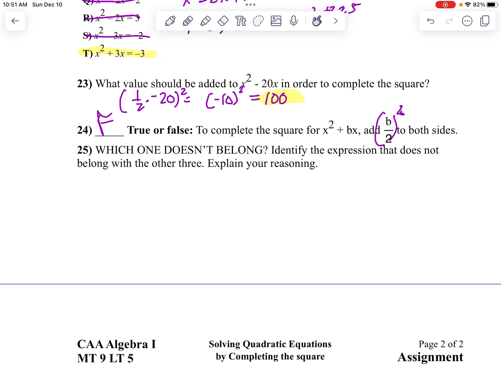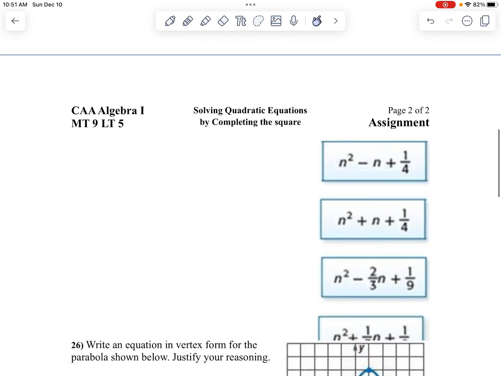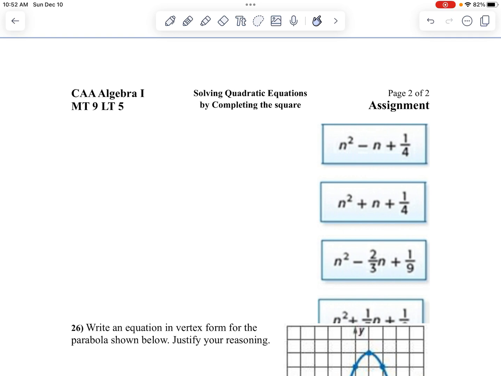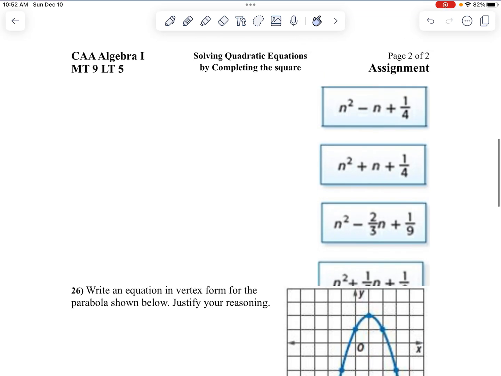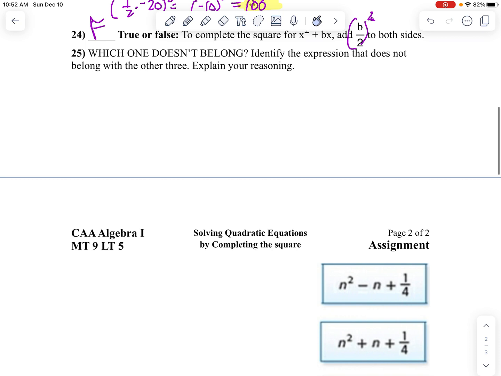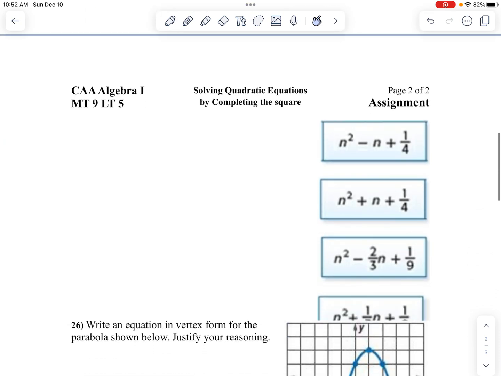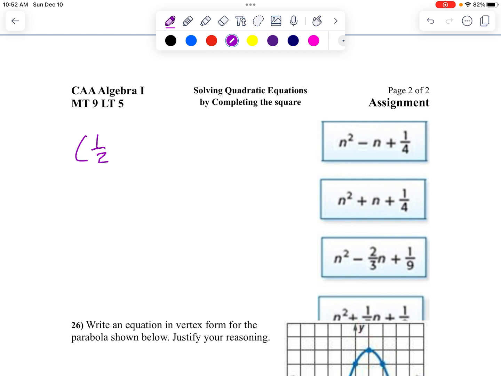Okay, number 25 got kind of pushed on here. And we want to know which one of these doesn't belong. Well, notice on the first one, if I take half of negative 1 and I square that, I'd get negative 1/2 squared, which is 1/4. That's a perfect square.